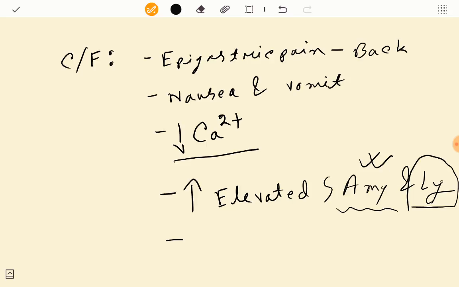Amylase and lipase are released by the pancreas. What does lipase help digest? What does amylase help digest? Amylase helps in digestion of carbohydrate and converts it into glucose. Lipase digests fat into fatty acid.